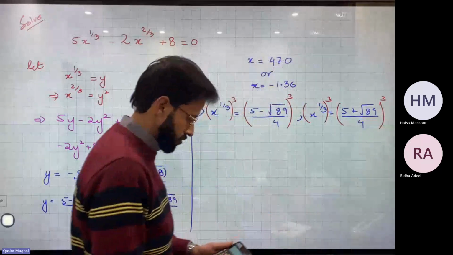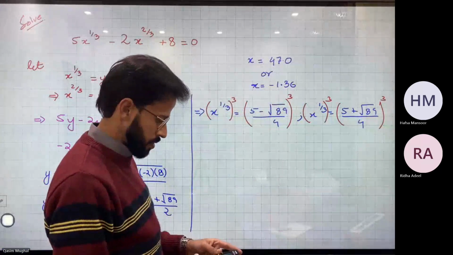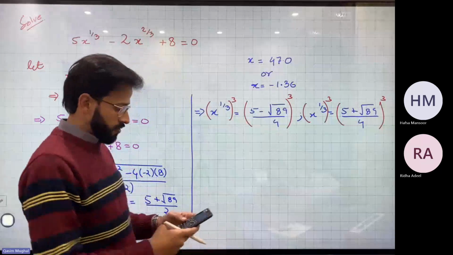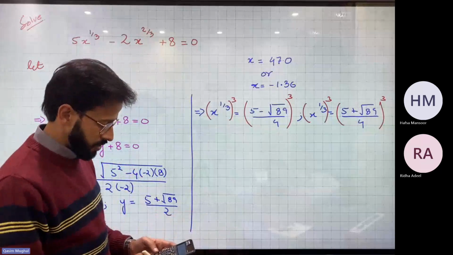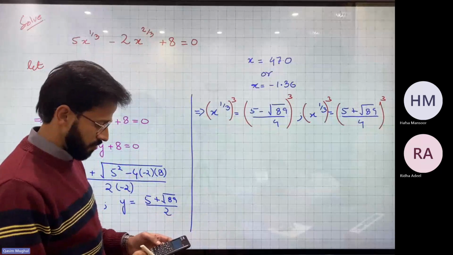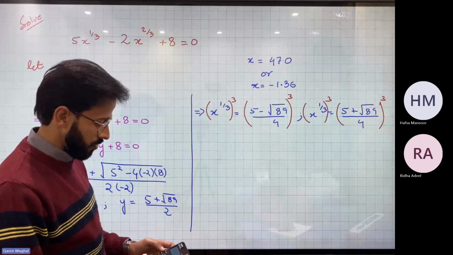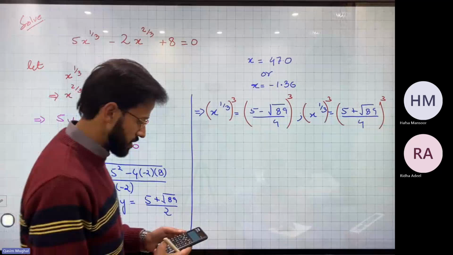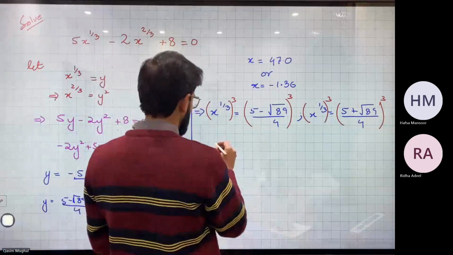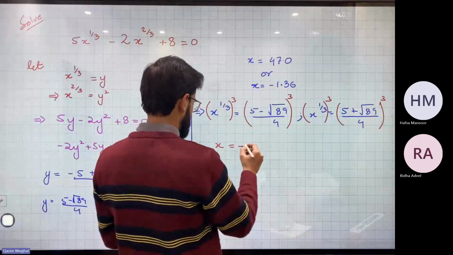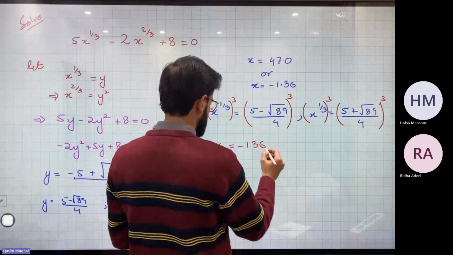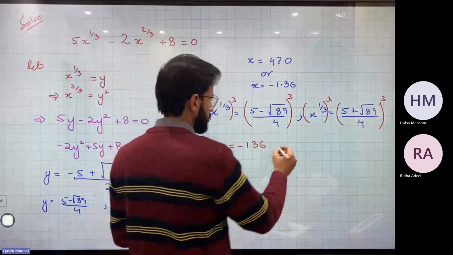Again, you can simply use your calculator. So fraction button, okay, so bracket open, fraction button, 5 minus root of 89 over 4, bracket close, and the power of 3. This is giving me one solution is negative 1.36, correct to 3 significant figures.